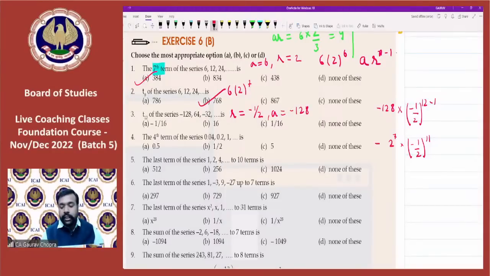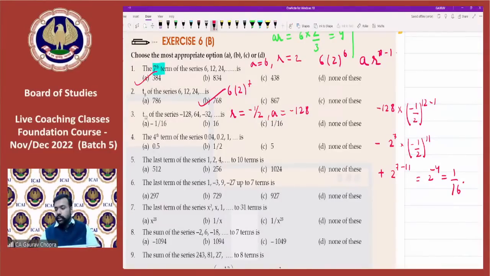So what will be the correct answer? It is negative, then 2 to the power of 7 minus 11, and then one more negative will become positive. So 2 to the power of minus 4, it is 1 by 16.